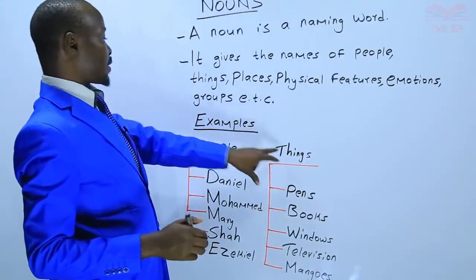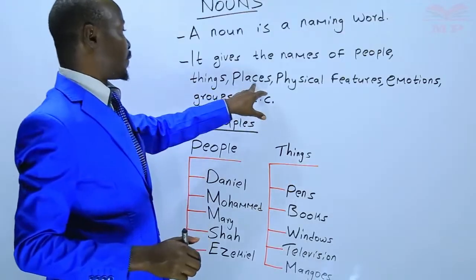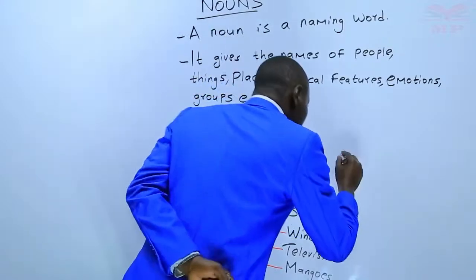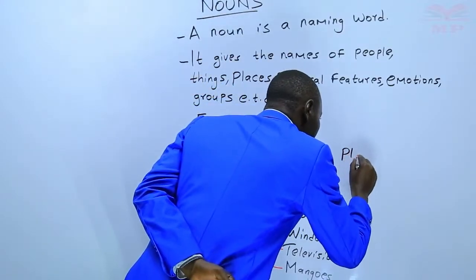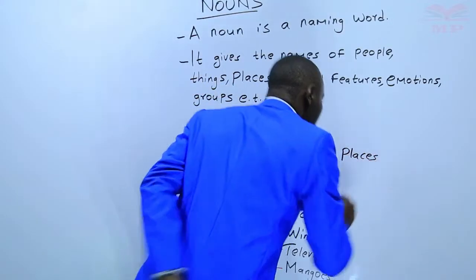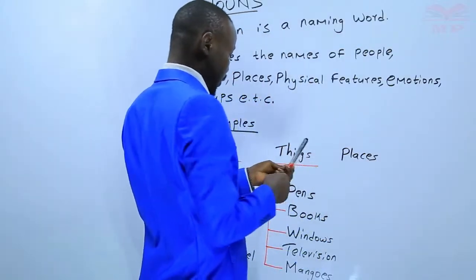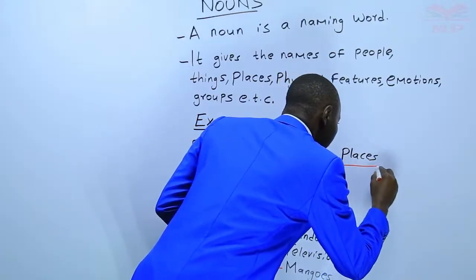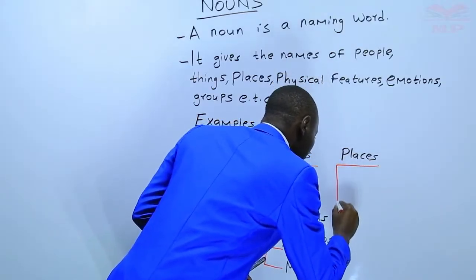Now, after the things that we have listed, we also give examples of the names of places. So under places, we can give examples of places.